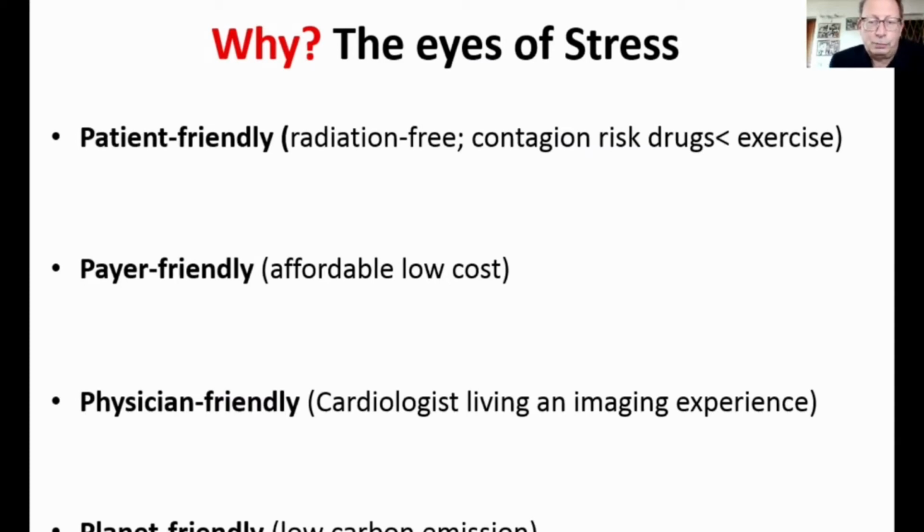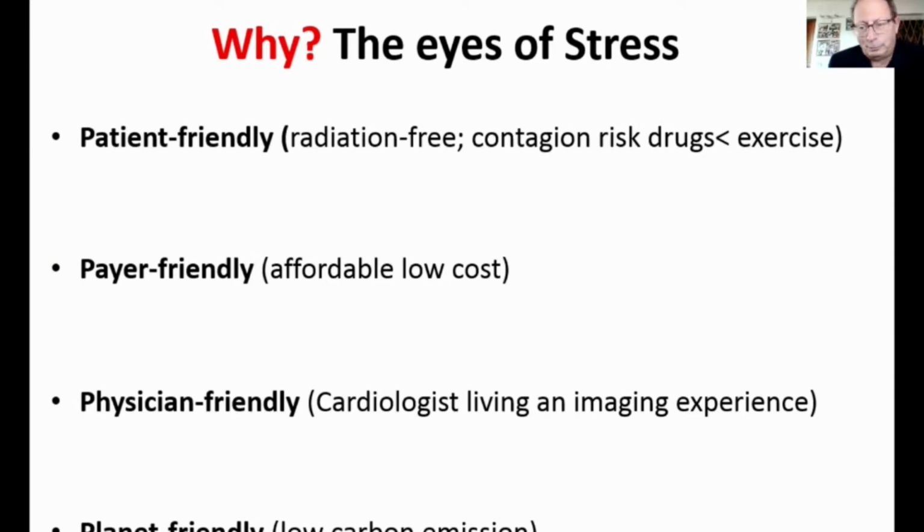Payer-friendly with affordable low cost, and we are aware that in times of healthcare rationing, small individual costs multiplied by billions of examinations become an unsustainable societal cost. It's physician-friendly since it is run by cardiologists living an imaging experience and not by radiologists living a cardiology experience.